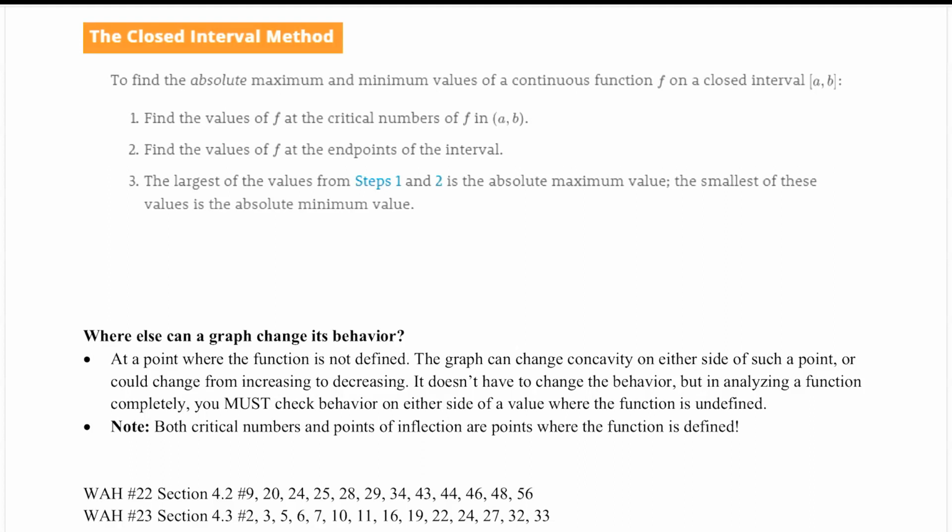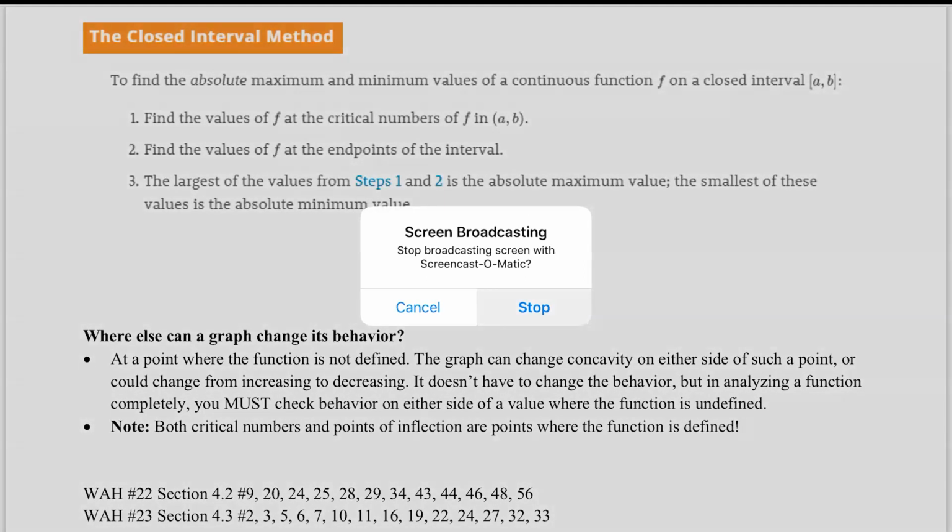It doesn't have to change its behavior, but if you're going to be analyzing a function completely, which is what we're going to learn how to do in these two sections, then you have to make sure that you check the behavior on either side of a value where the function is not defined. Critical numbers and points of inflection have to be places where the function is defined. So if the function's not defined there, you can't call that a critical number. There can't be a point of inflection.